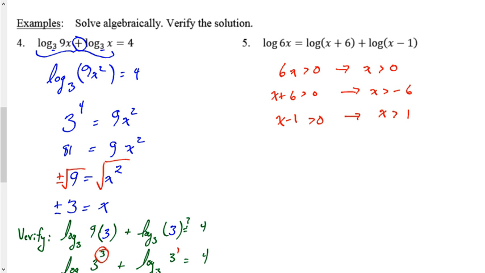What values for x make all three of these inequalities true? Well, if I look at that middle one, where x is greater than negative 6, I could say, well, negative 5 satisfies this inequality, but negative 5 doesn't satisfy the other two inequalities, so this one is not the most restrictive.